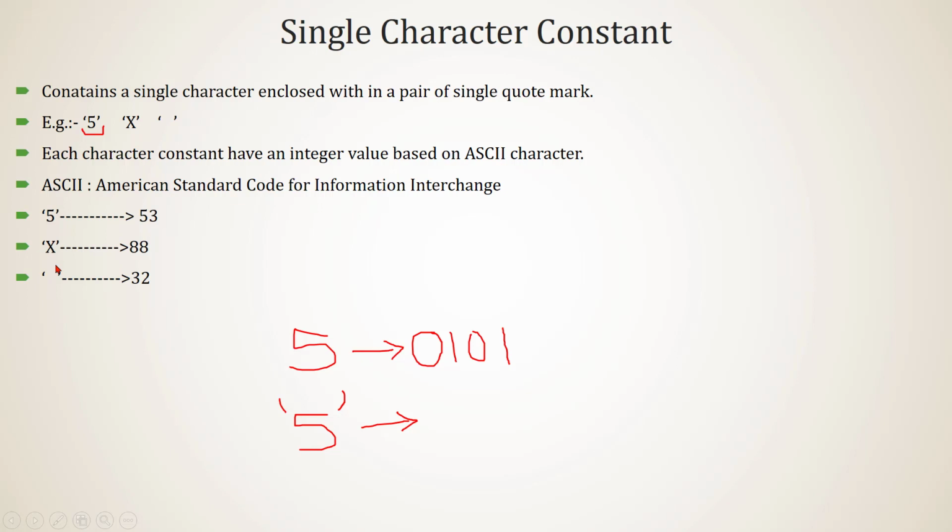Similarly, I have a blank space within single quotes, which is what we get when we press the space bar once. It also has an equivalent integer value, that is 32. So character constant means a single character within single quotes.